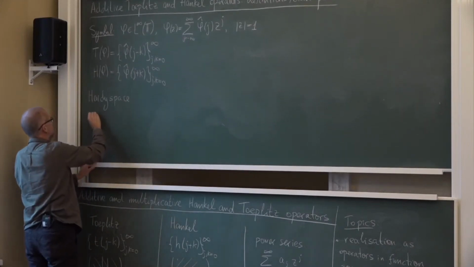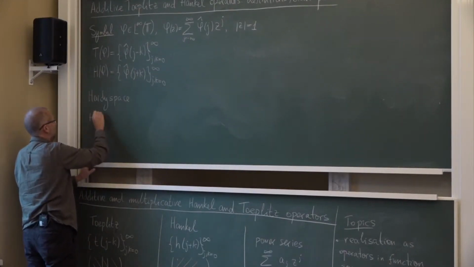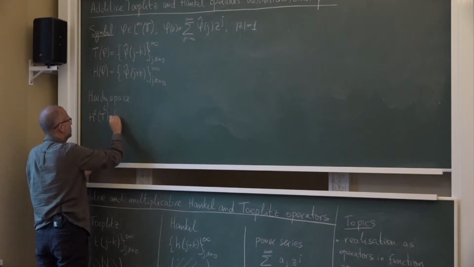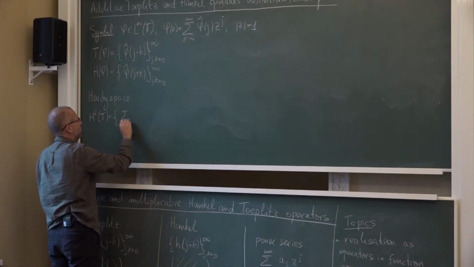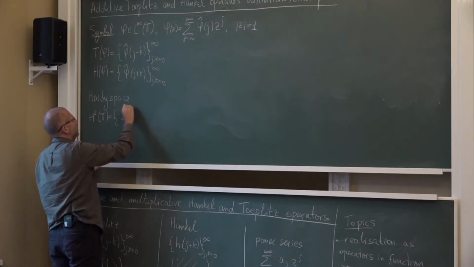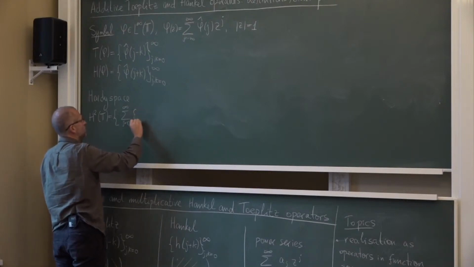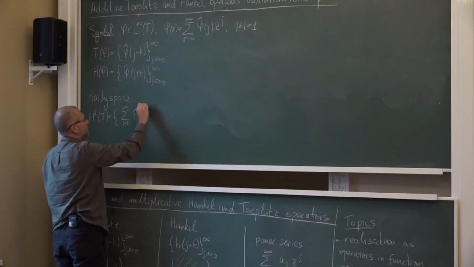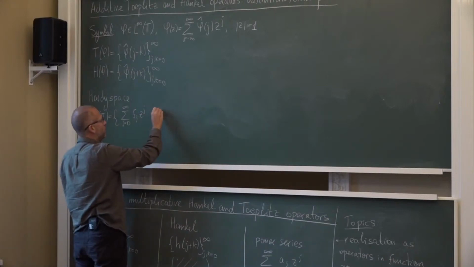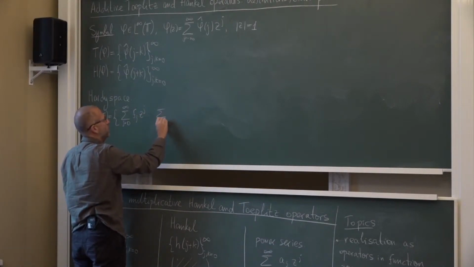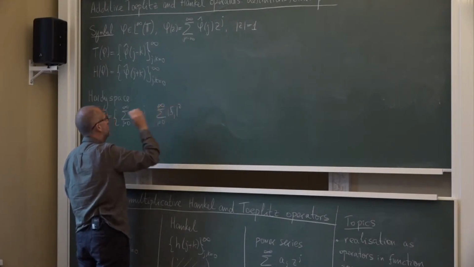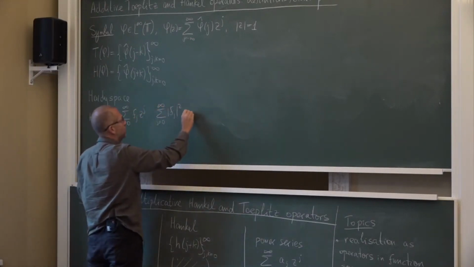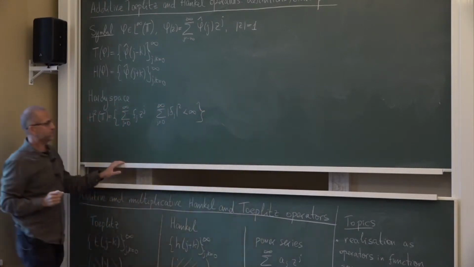The Hardy space on the unit circle is the set of all series of this form where the coefficients belong to little L2 space.